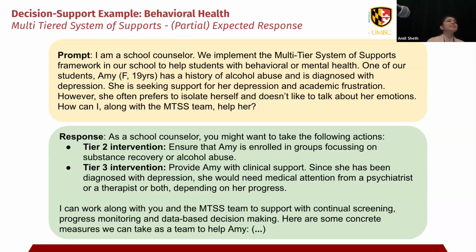Now, these are the things that I am saying out loud just to exemplify what we want to happen. So she needs to be in tier 2, and she also needs to be in tier 3. Why? Because she has been clinically diagnosed with depression. So she needs professional medical attention, either from a psychiatrist or from a therapist or a combination of both, right?